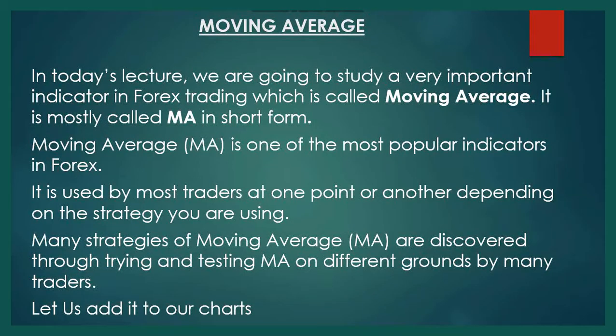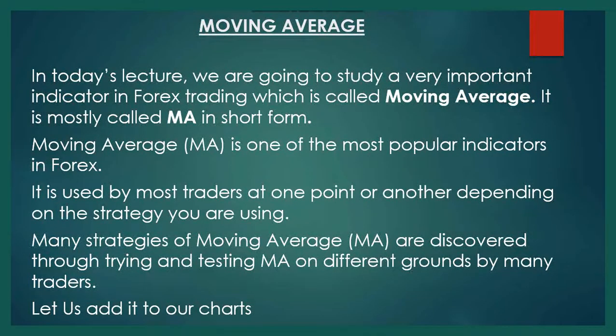In today's lecture, we are going to study a very important indicator in forex trading, which is called moving average. It is mostly called MA in short form. Moving average is one of the most popular indicators in forex.